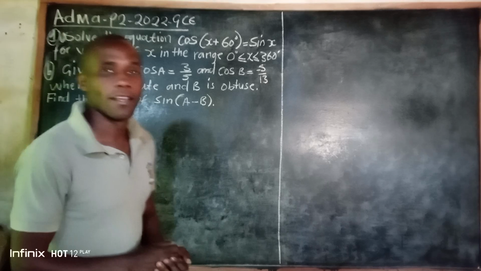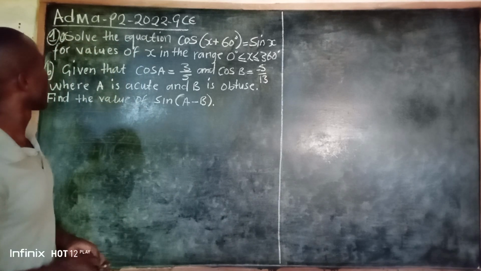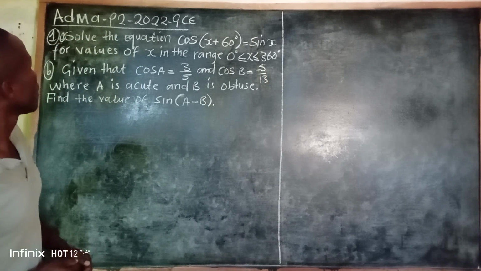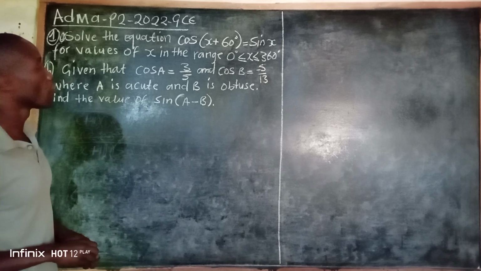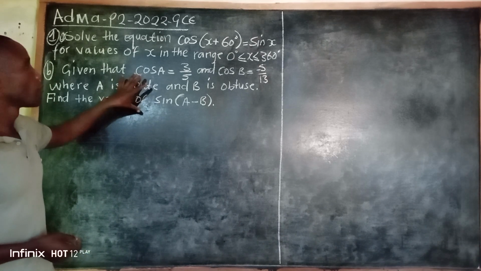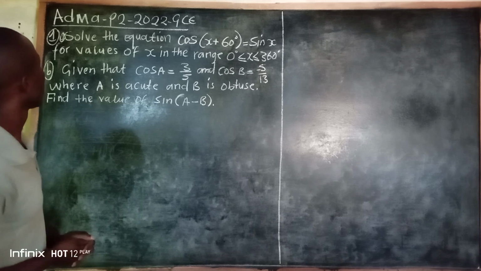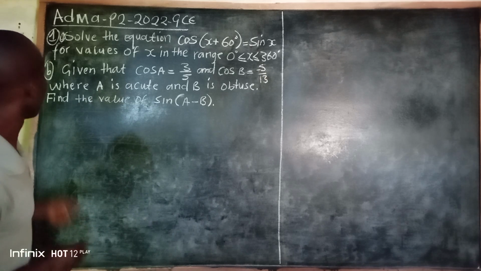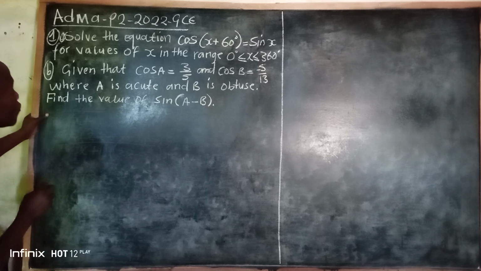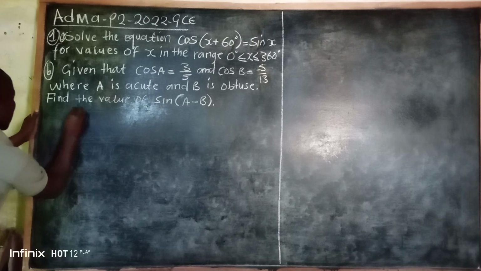So this is trigonometric equations. Now we are going to see how we can solve for x within the same topic, which is trig. Let us directly go to the solutions now.